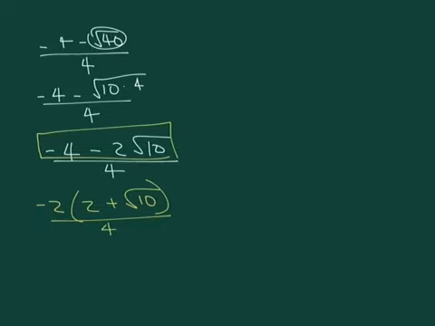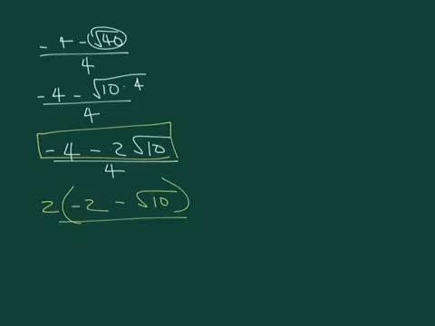In fact, let's not do that. Let's make it a little simpler. Let's just factor out a regular old 2. Okay, and that leaves me a negative 2 there, minus the square root of 10 over 4. All I did is I'm choosing to factor out a positive 2 instead of that negative 2.